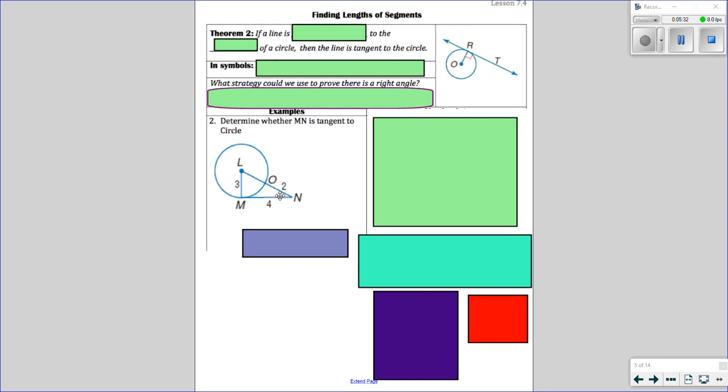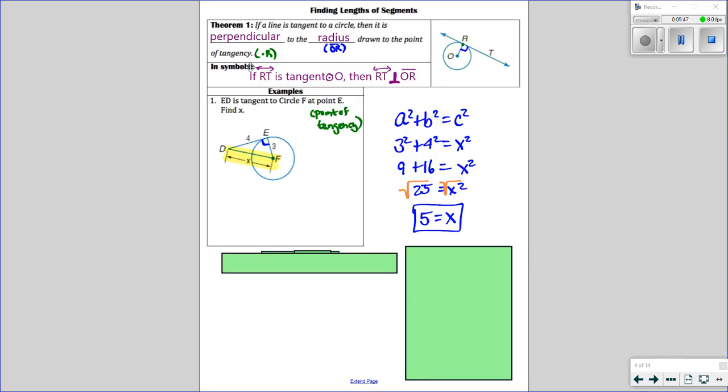Our second theorem says that if a line is perpendicular to the radius of a circle, then the line is tangent to that circle. So that's just the reverse. If you remember what we said for the other one, if a line is tangent to a circle, then it's perpendicular to the radius.